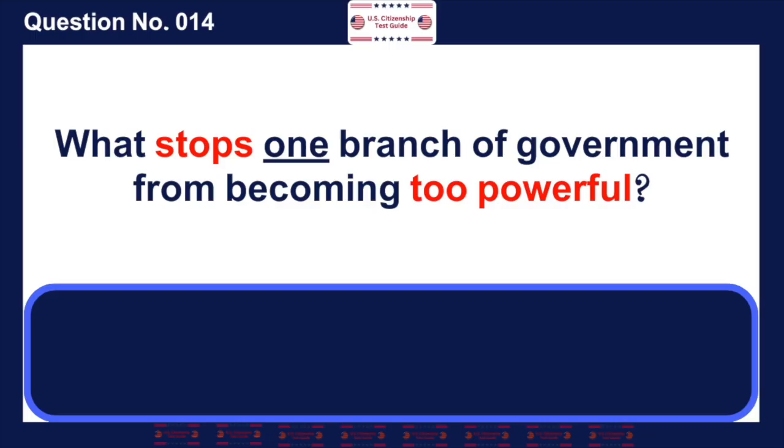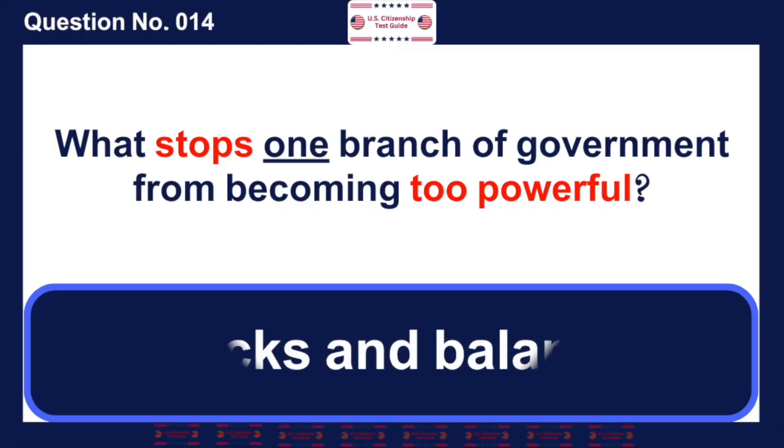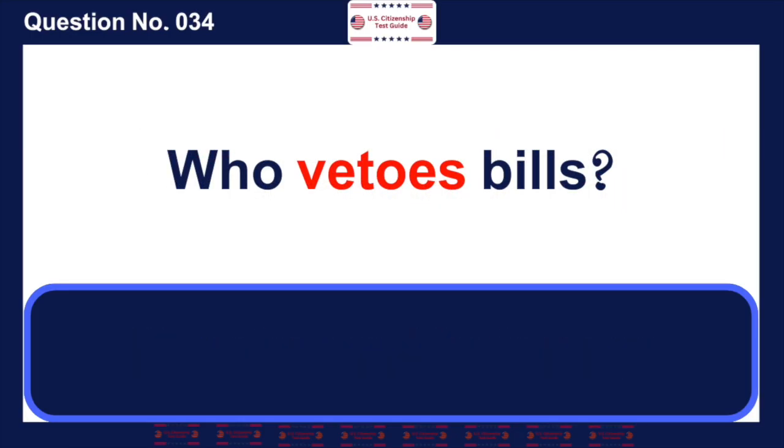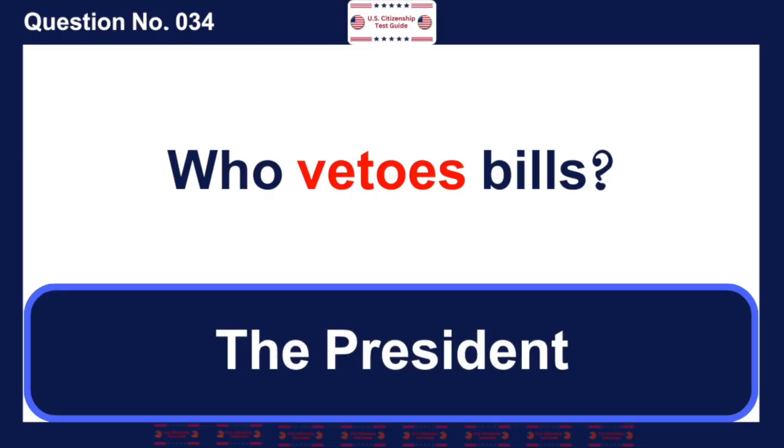What stops one branch of government from becoming too powerful? Checks and balances. Who vetoes bills? The President.